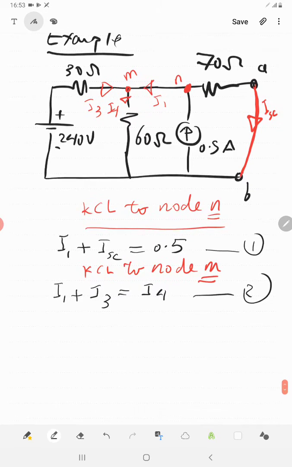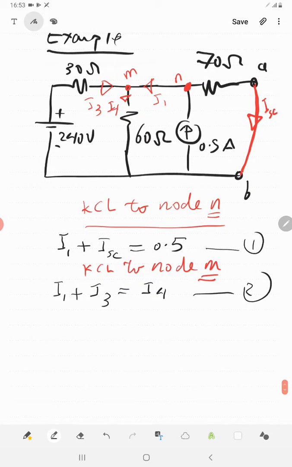Now if we look at it, we have applied KCL to these 2 nodes, N and M. We can now apply KVL.